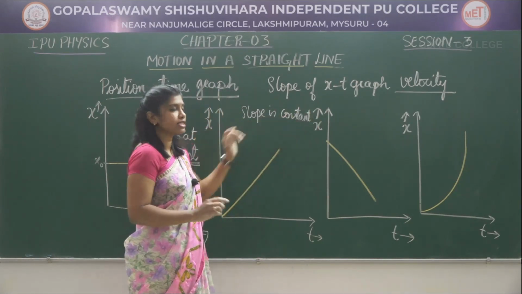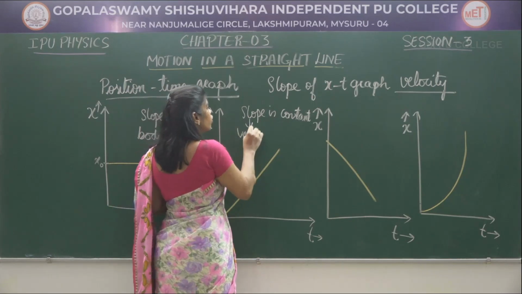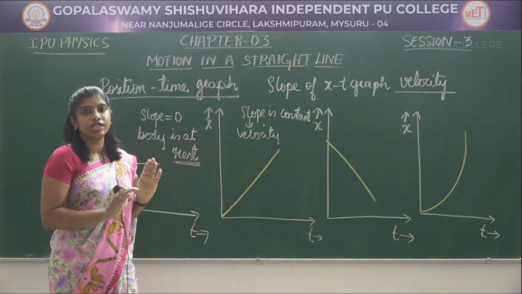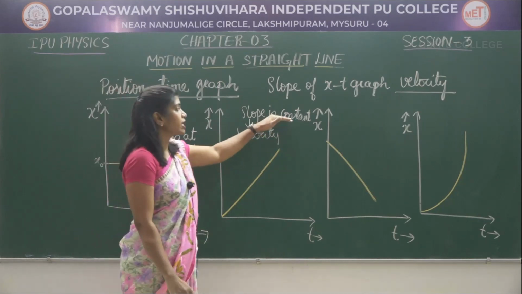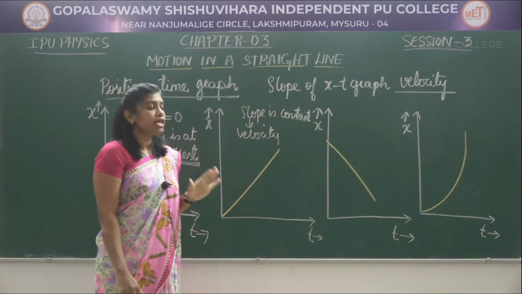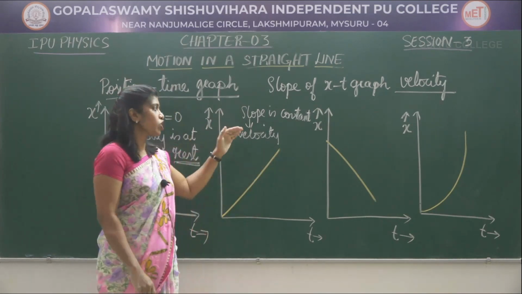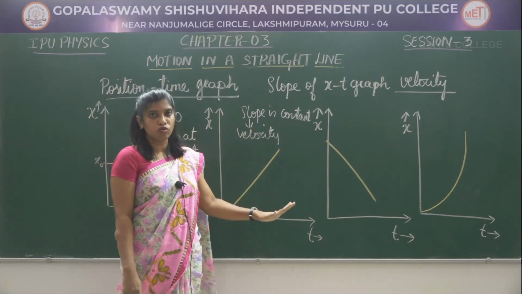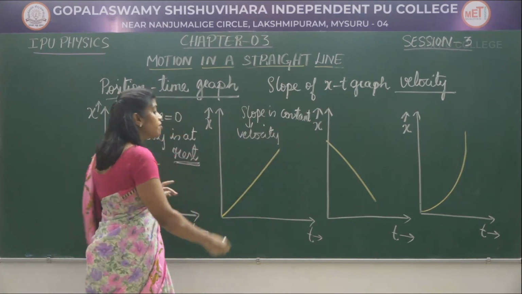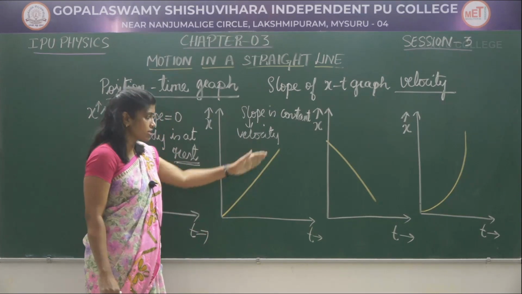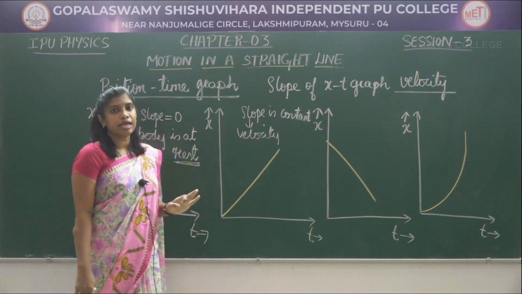Slope is constant in the sense that velocity is constant. The velocity is not going to change in this case. So if velocity is kept constant, then this becomes a uniform motion, and the slope will be the same at each point. Wherever you find the slope in the straight line, it will be the same.